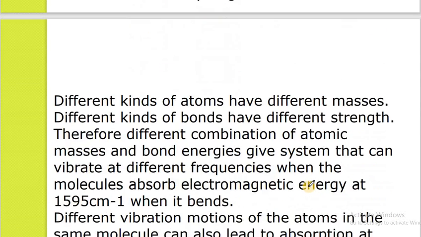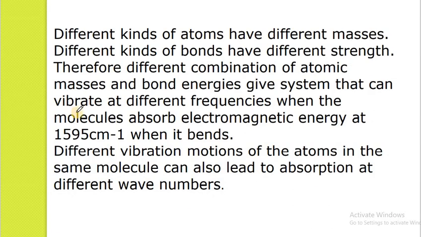So we can say that different kinds of atoms have different masses, and different kinds of bonds have different strength according to the masses of the atoms. Therefore, different combinations of atomic masses and bond energies give systems that can vibrate at different frequencies.